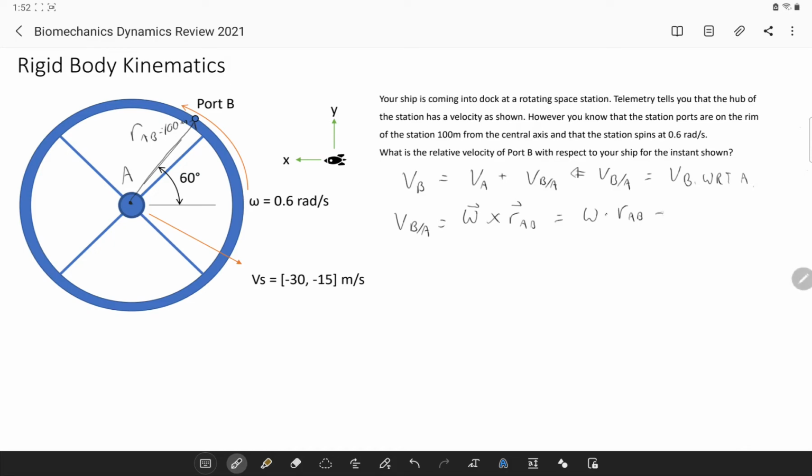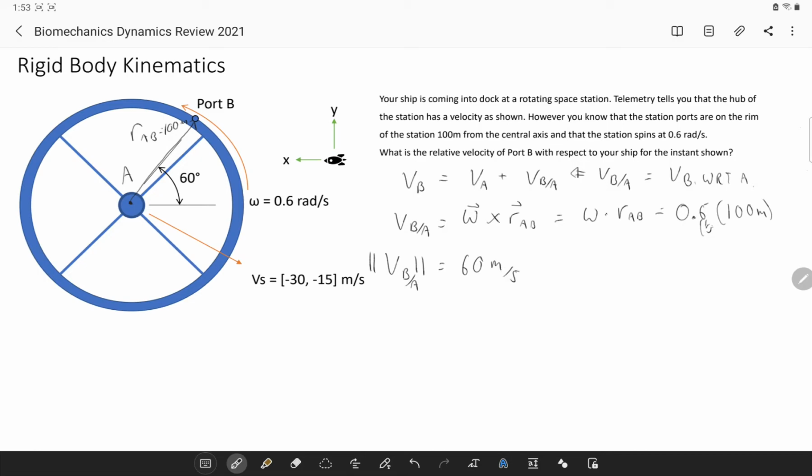In this case, our omega is 0.6 radians per second, and our R is 100 meters. We should note that radians per second is unitless, so this is really just inverse seconds. So the magnitude of our velocity of B with respect to A is equal to 60 meters per second.